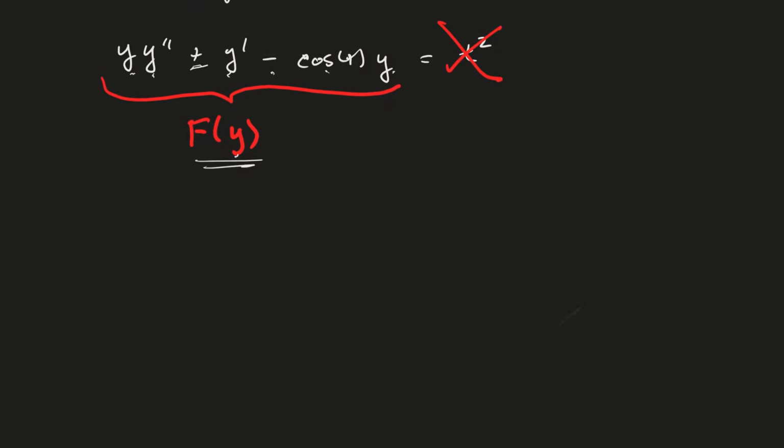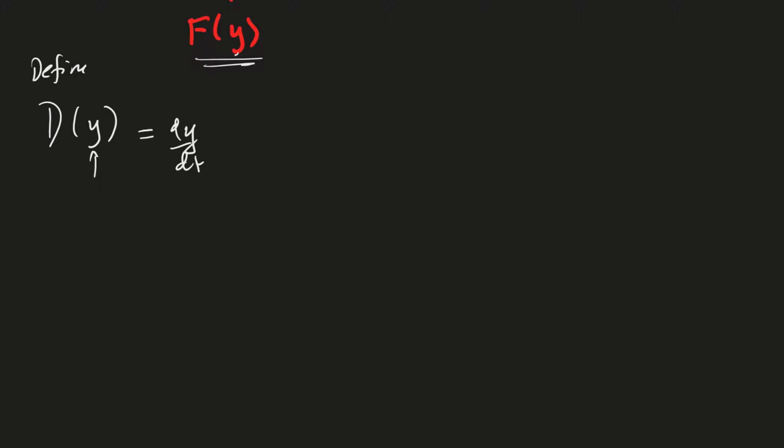Just as another example, here's a special operator. We've been already working with it, but the letter D is sometimes used for an operator. So if we define D of y to be a function that inputs a function y and outputs the derivative with respect to t, that's called the derivative operator.